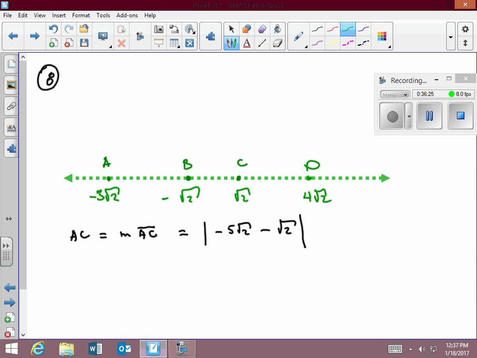So what is this then? The absolute value of minus 6 square root of 2, right? Because you subtract the 2 coordinates, which is 6 square root of 2.